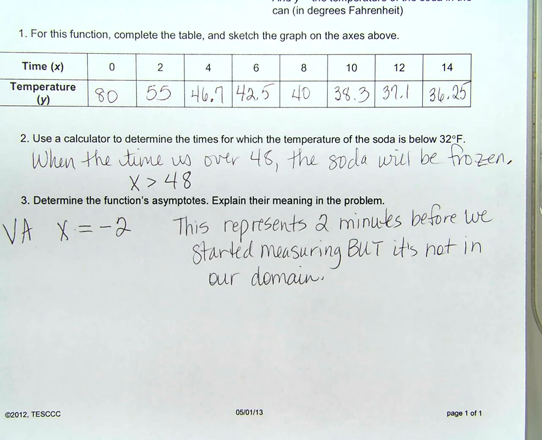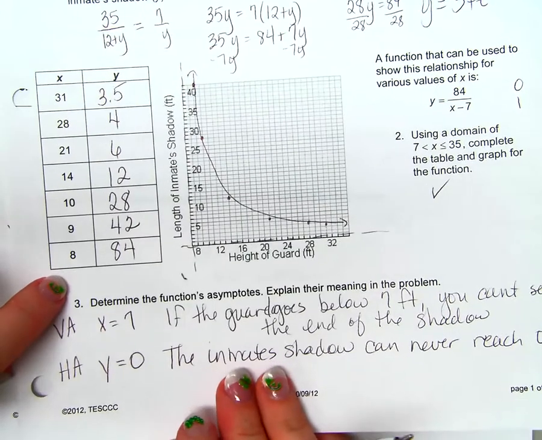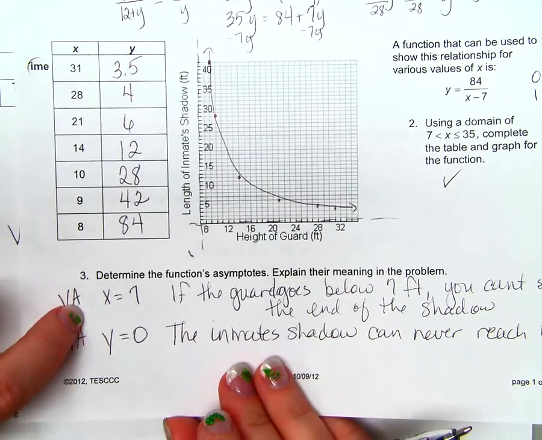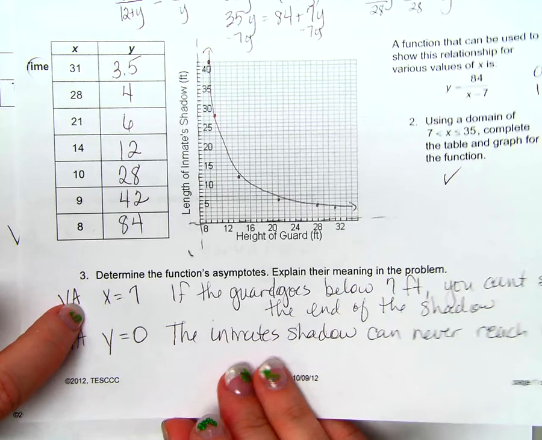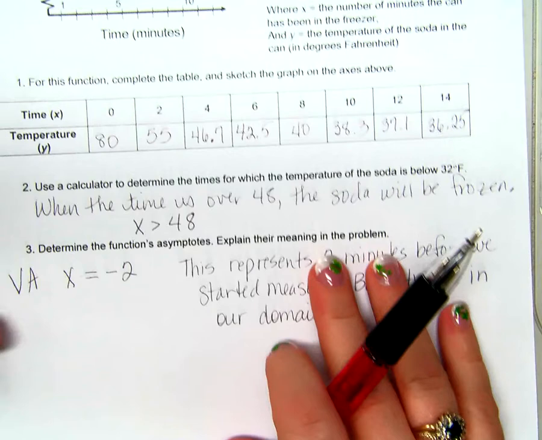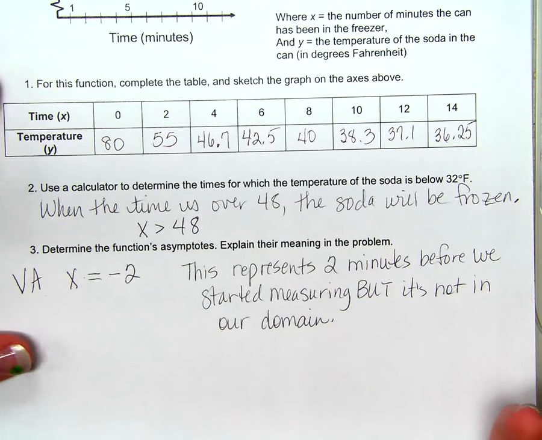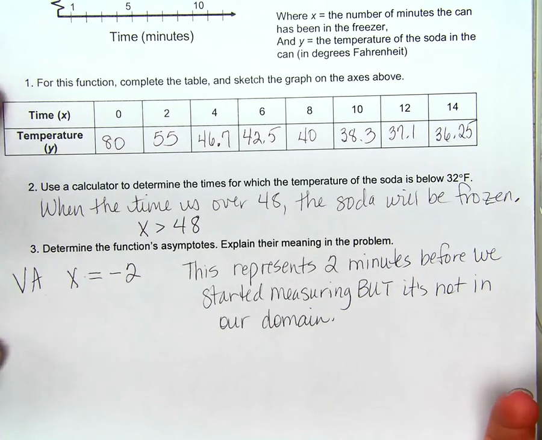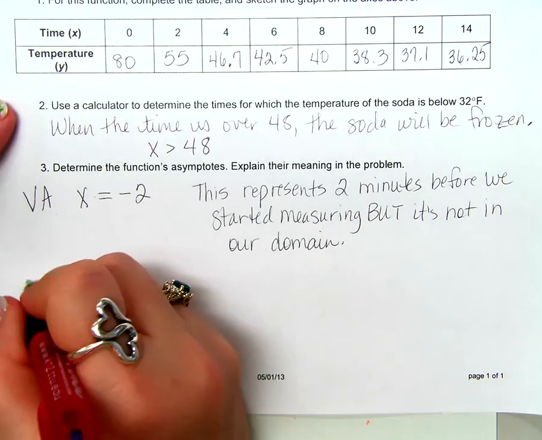Just like on the other paper, on the prison break paper, we don't care about 7 feet, 6 feet, 5 feet, 4 feet, because that's not in our domain, right? Now, we were specifically given a domain this time. On this one, on frozen soda, they kind of wanted you to come up with one on your own, right? Okay?